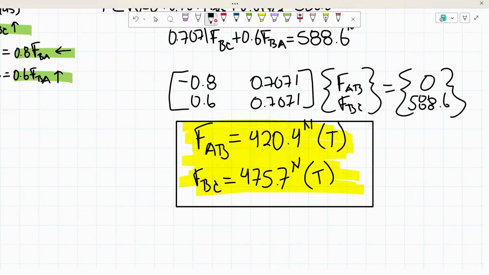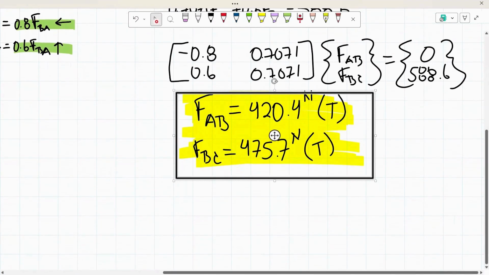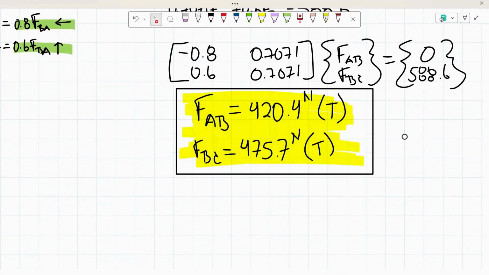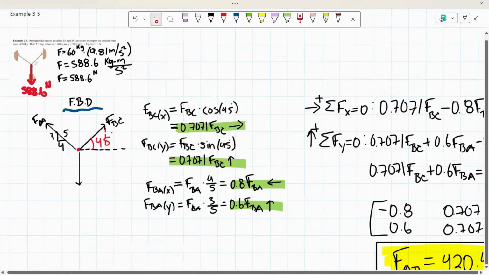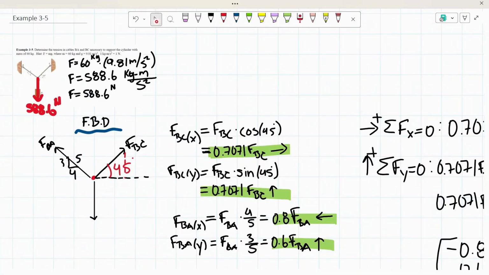And just like that, we were able to find the answer to this problem right here, where it was asking us to determine the tension in cables BA and BC necessary to support the cylinder. So once again, we were able to determine that the force that was being applied because of the cylinder was 588.6 newtons.